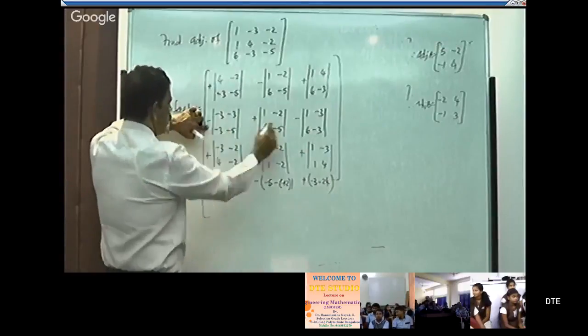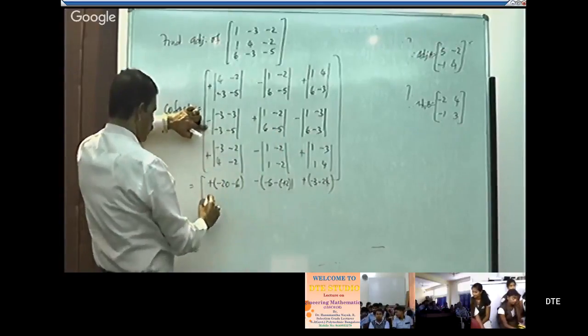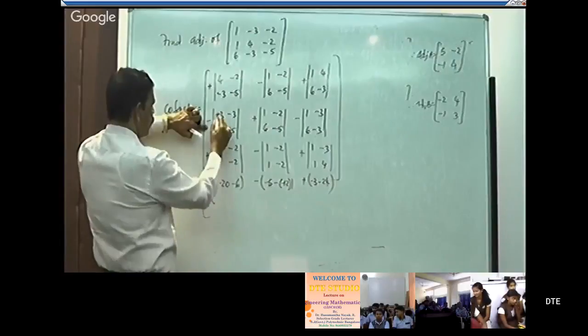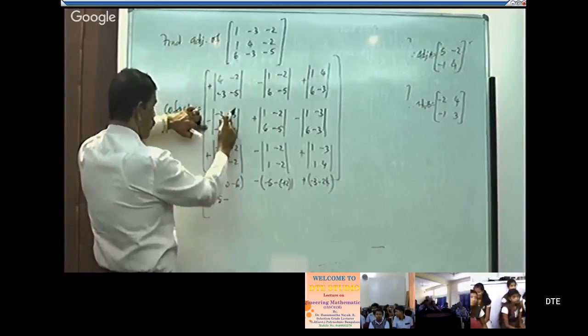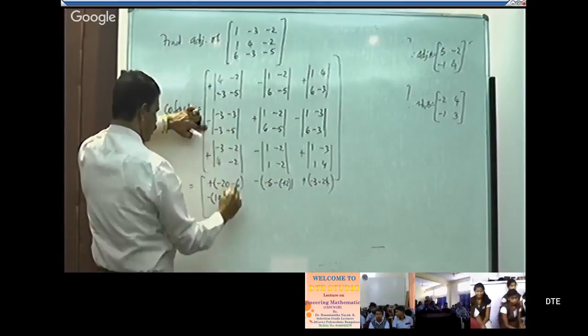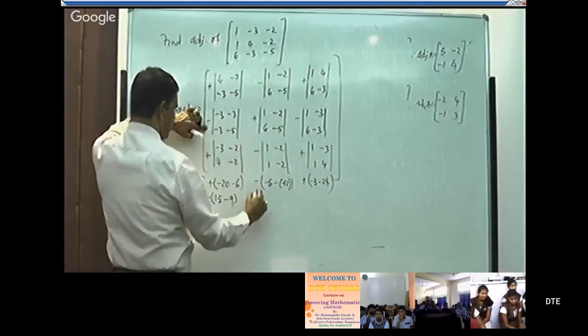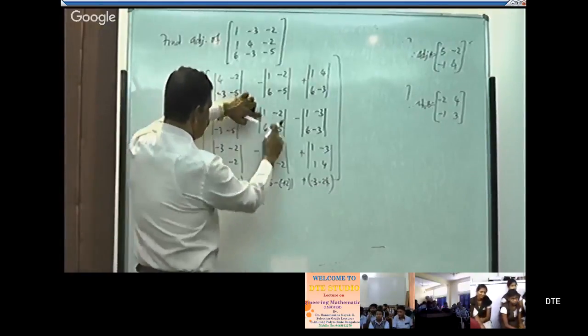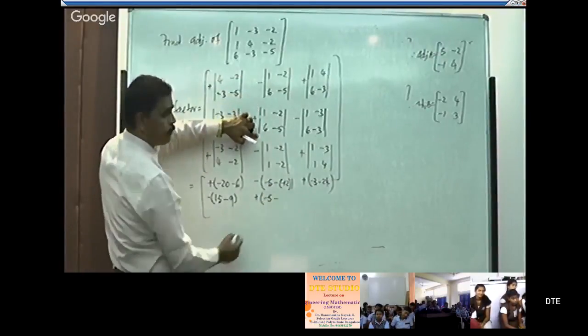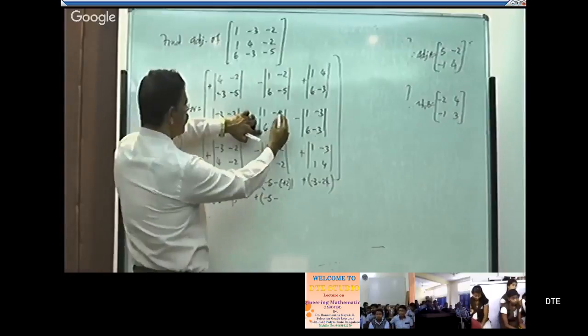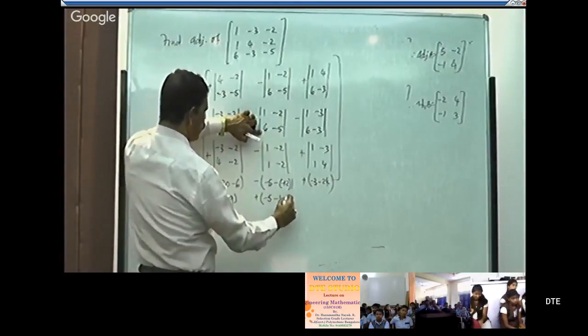The same way, expand the second row. Minus into minus plus, 3 5s are 15. Minus into minus plus, 3 3s are 9. Plus 1 into minus 5, it is minus 5. Formula minus 6 into minus 2, it is minus 12.